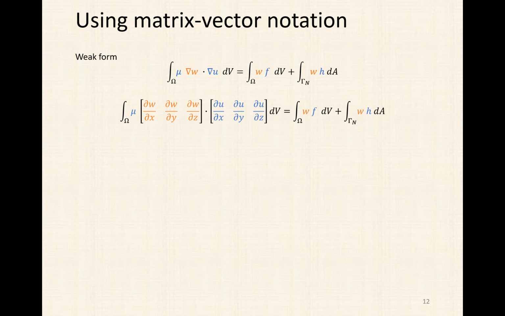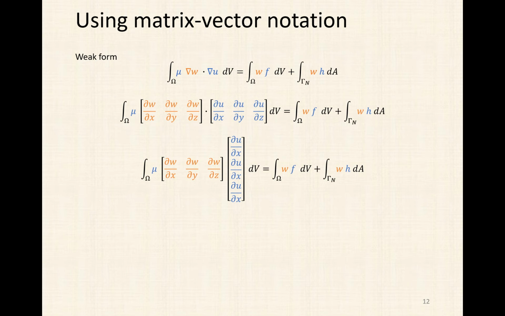From our previous discussion, del u is a column vector, and del w is also a column vector. If we take this dot product, we get a scalar value, so in order to get a scalar using matrices, we need to take transposes.